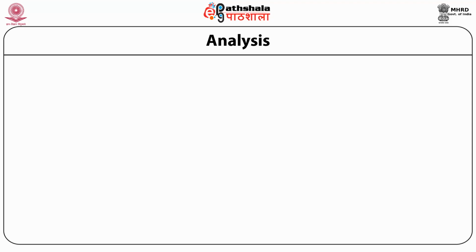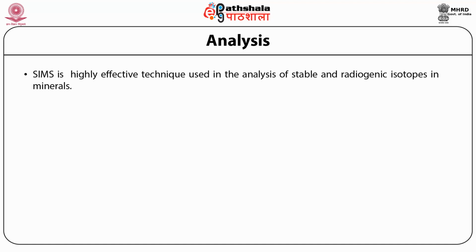The way this analysis is carried out has been explained in this slide. SIMS is a highly effective technique which is used in the analysis of stable and radiogenic isotopes in minerals. Other techniques are also there, but this is one of the best techniques for doing this.